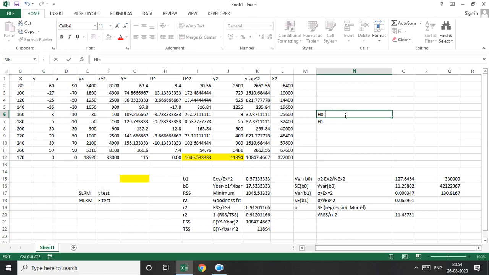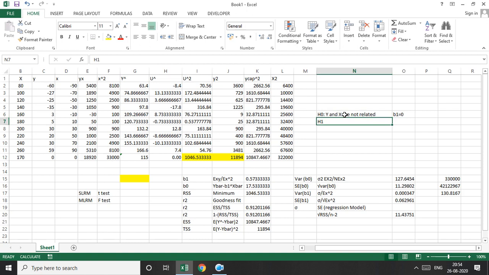What is H0? H0 means that y and x are not related. When will we get that? When our beta 1 is equal to 0. So we assume beta 1 is equal to 0 as our null hypothesis.